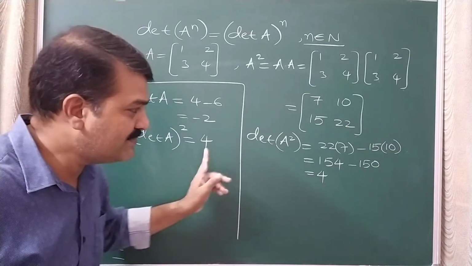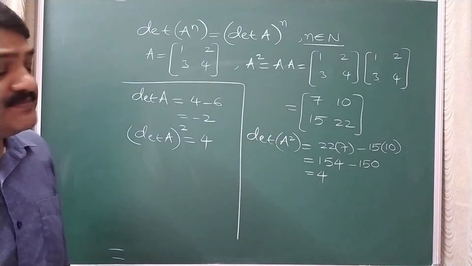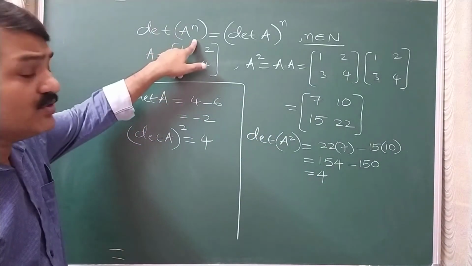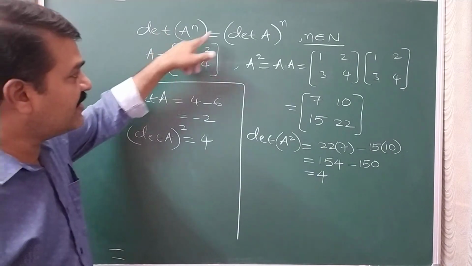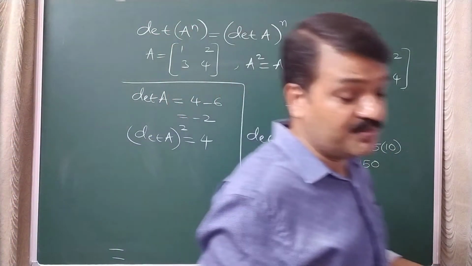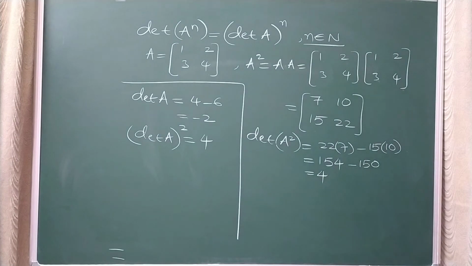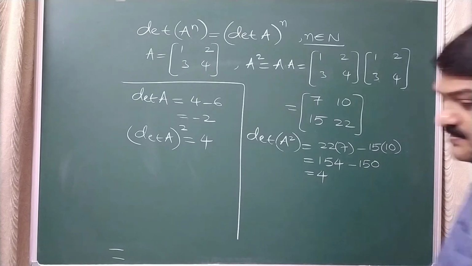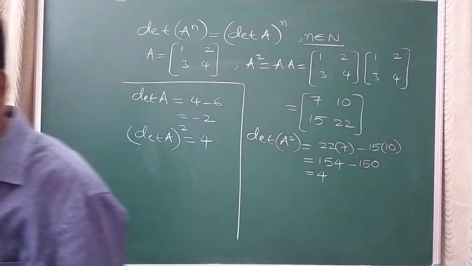This is the simple verification. If the determinant of A cube is there, you can write that as det A whole cube. So the determinant of A power n can be written as det A whole power n. That is the important property which you have to remember.